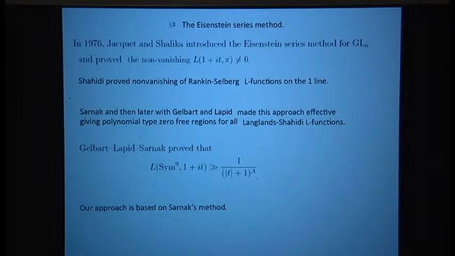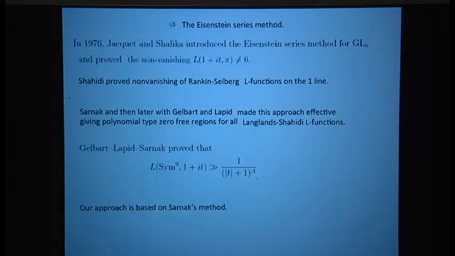And then later, with Gelbart and Lapid, they made this approach work for very general L-functions. Especially, it includes all the Langlands-Shahidi L-functions, all the L-functions appearing in the constant term of Eisenstein series. So it's very powerful.